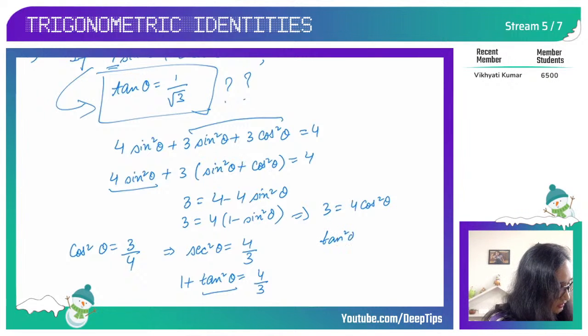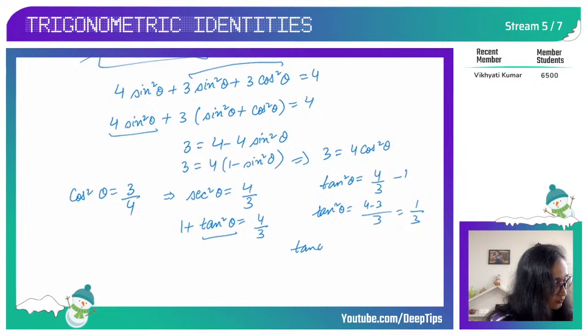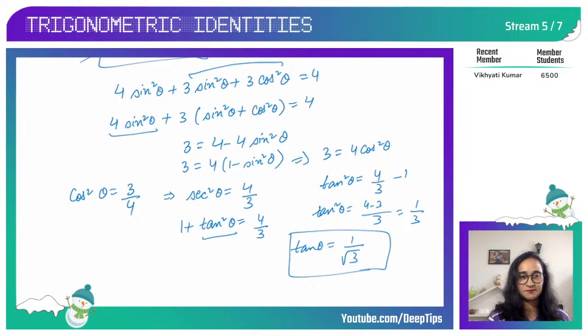Tan square theta equals 4 by 3 minus 1, which is 4 minus 3 by 3, equals 1 by 3. When I take the square root on both sides, I get tan theta equals 1 by root 3, and hence it is proved.